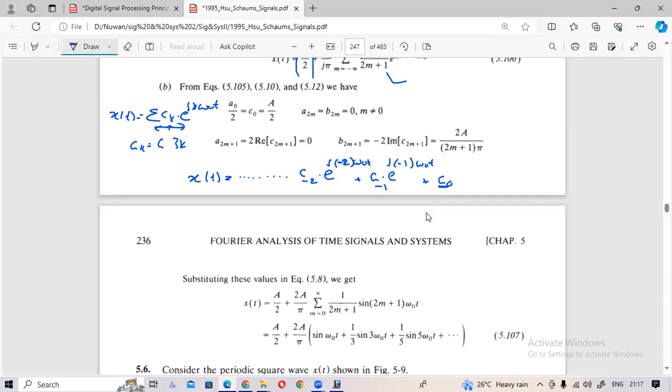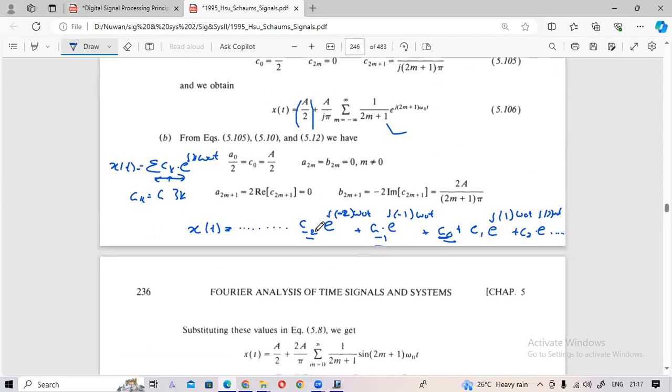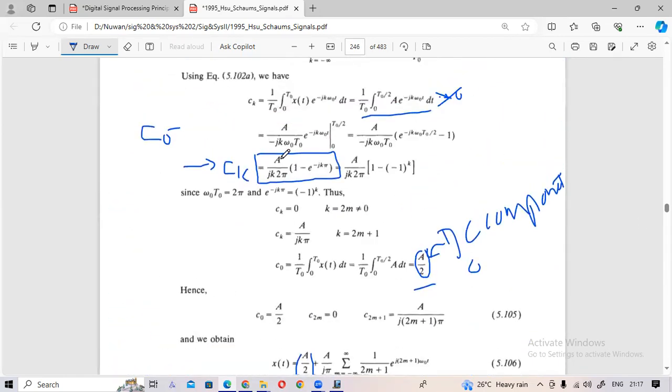plus C₁ e to the power j1ω₀t plus C₂ e to the power j2ω₀t, and so on you can write. So C₂, C₁, C₀ you have calculated, that is A divided by 2. The others, C₋₂, C₋₁, C₁, C₂, C₃, C₄, you can calculate by substituting k here and here.